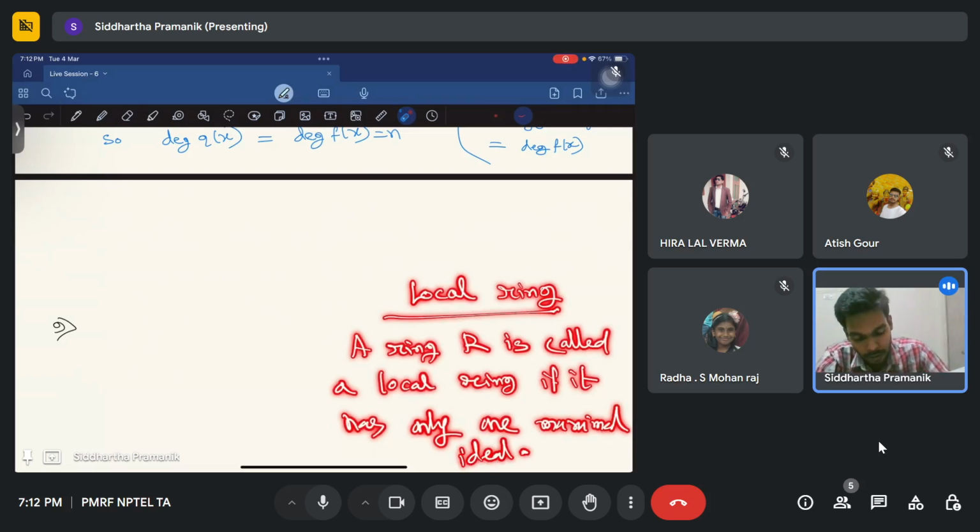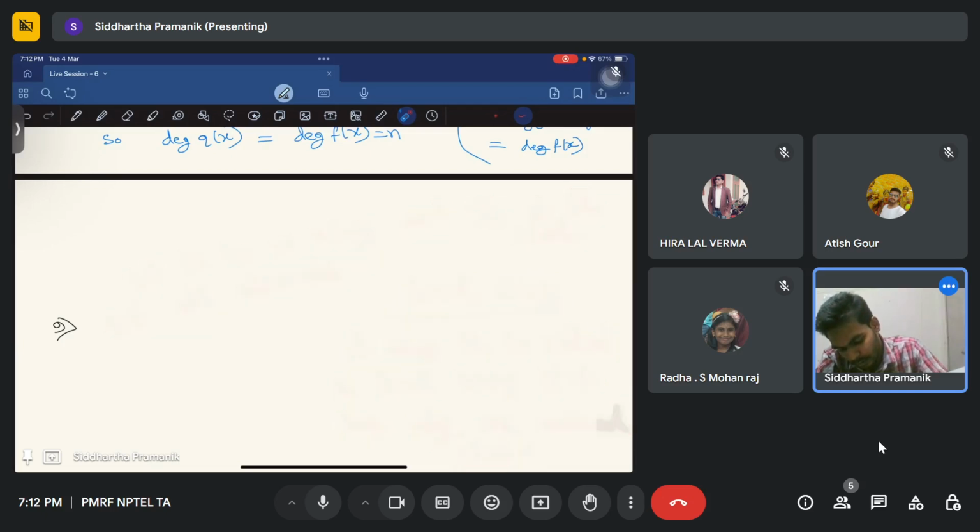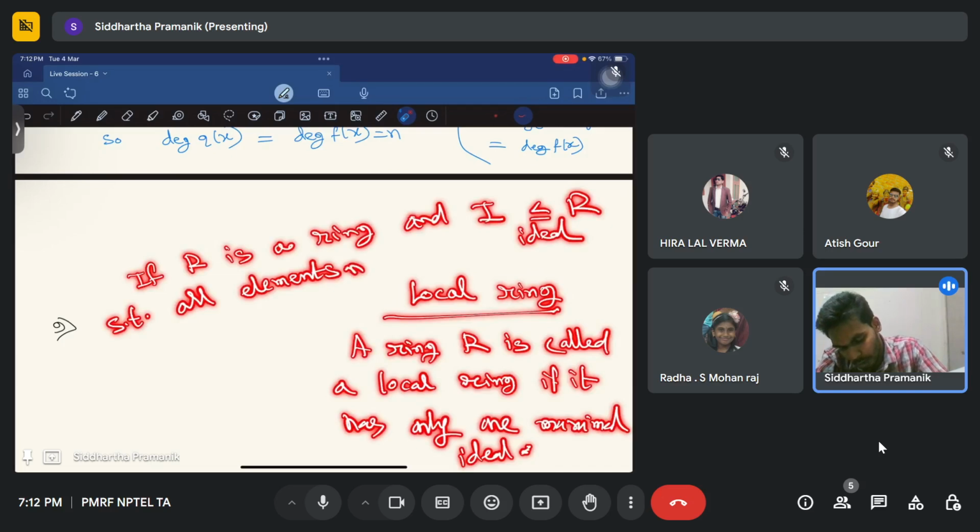So we have also done one equivalent condition for it. If R is a ring and I is an ideal of R such that all elements not in I are units, then R is local.